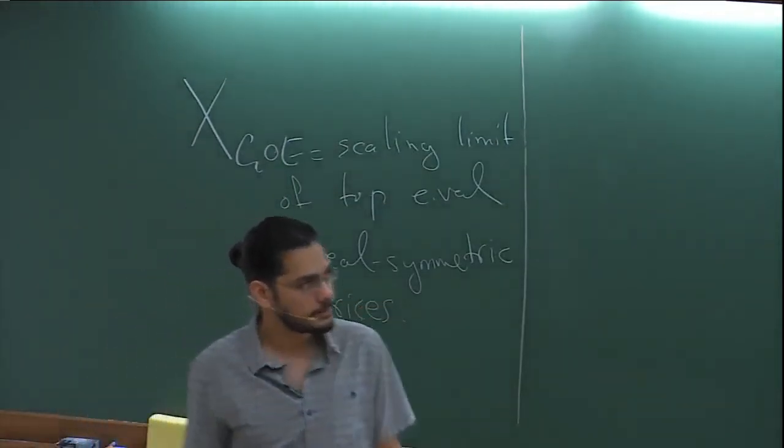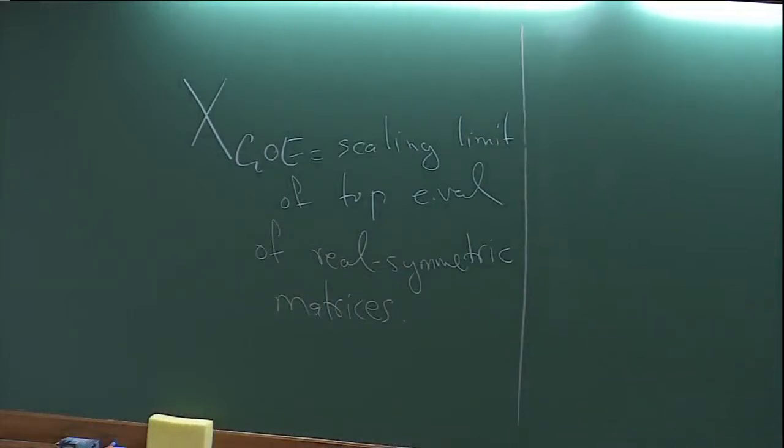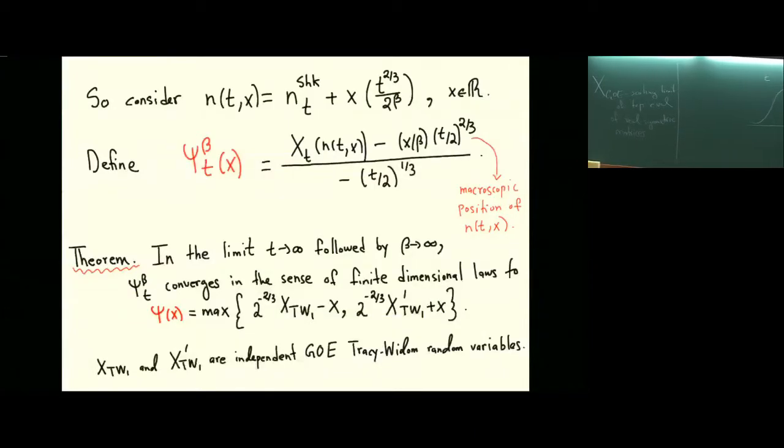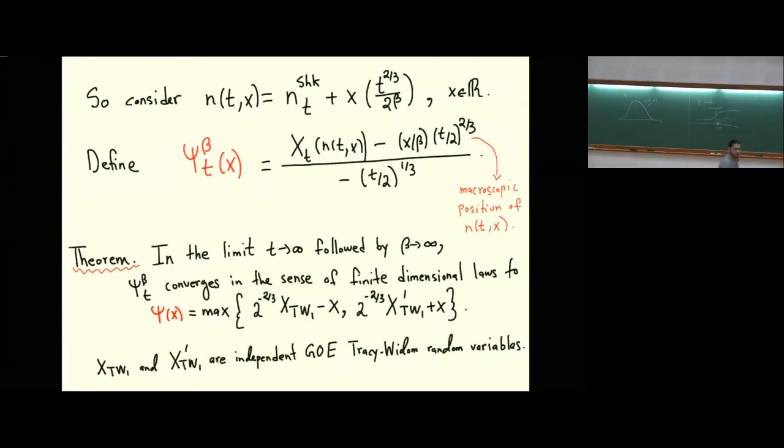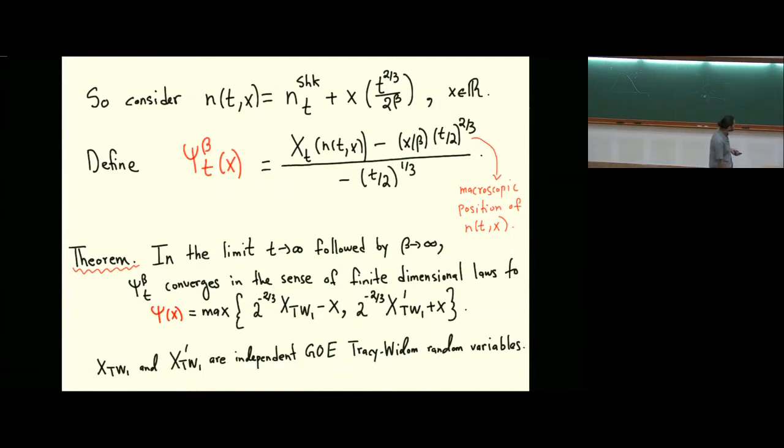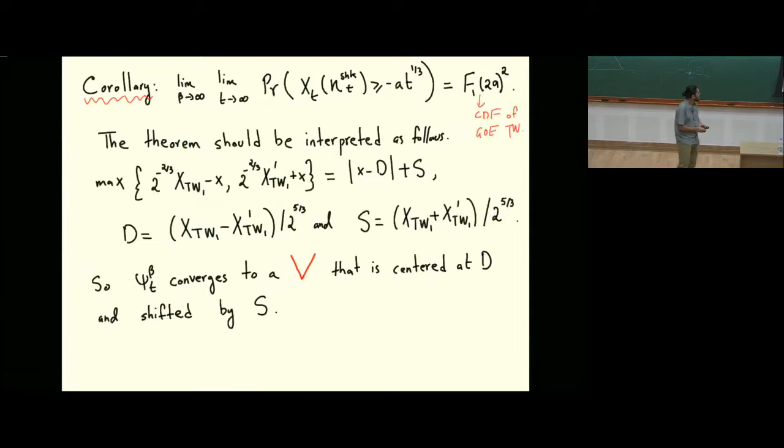So it's the max of 2 lines which are height shifted by these independent GOEs. That's the theorem, and it doesn't quite make sense yet, so I have to try to explain to you what it means. Are there any questions? Everything is clear? Okay, this is what it means.